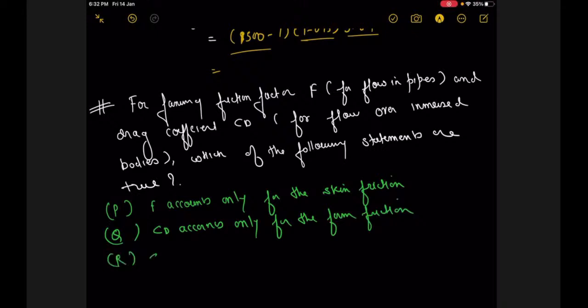R: CD accounts for both the skin friction and form friction.